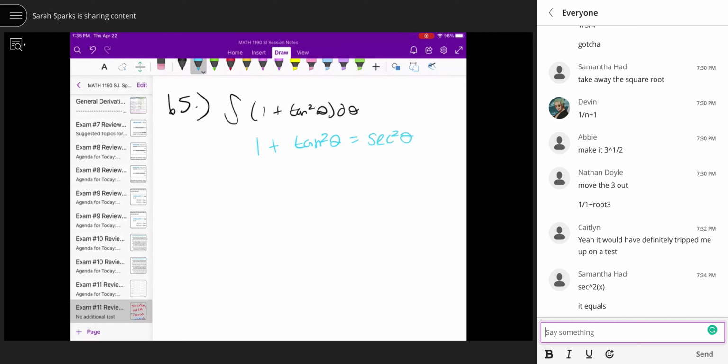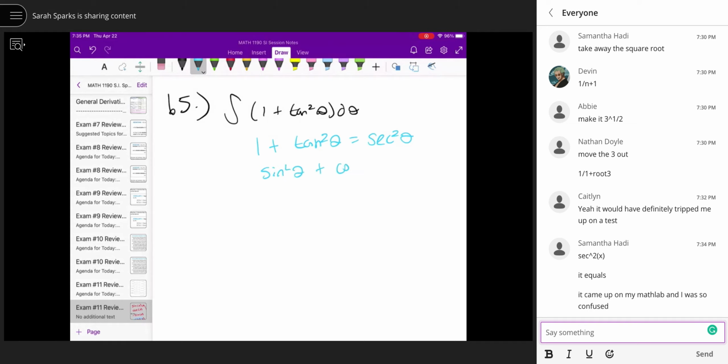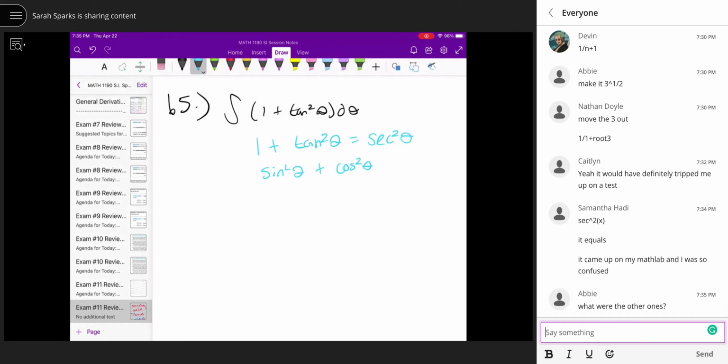I think I told you guys you should have all the Pythagorean identities memorized. Like sine squared theta plus cosine squared theta equals 1. And then the other one, I have to divide by sine, so it's going to be cotangent.